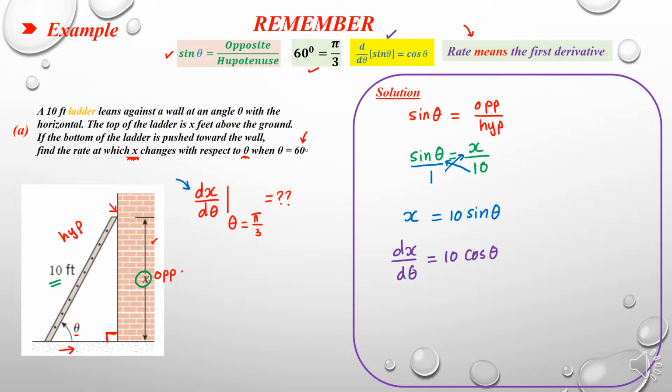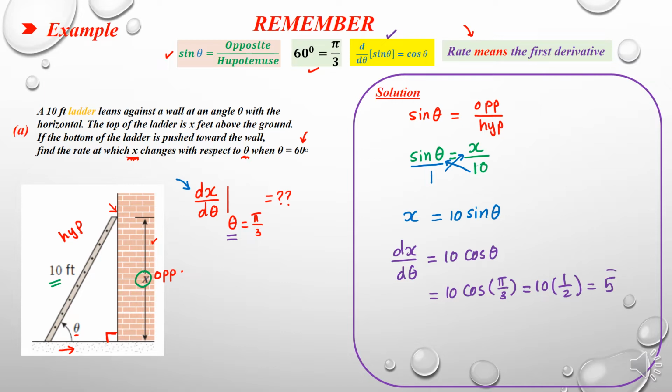Now you have to find it when theta equals pi over 3. So here we have 10 multiplied by cosine 60 degrees, or pi over 3, and cosine 60 is 1 over 2. So we have 10 multiplied by 1 over 2, and the answer will be 5.